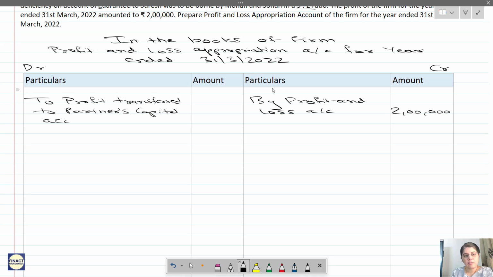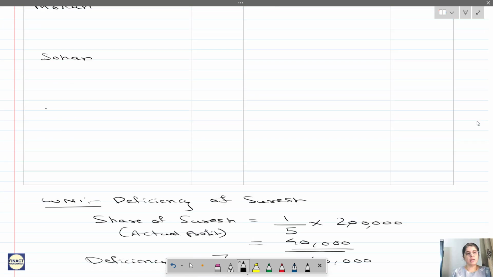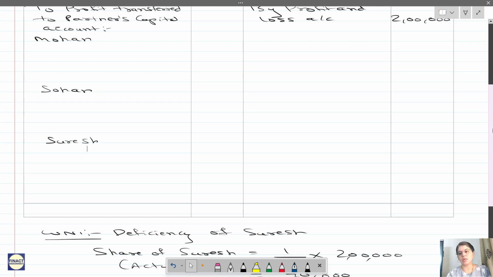If they are giving the fixed capital method, then always remember, it will be partners' current account. So what are the names? Mohan, then you have Sohan, leave some space, and Suresh. So total profit is how much? 2 lakhs. The total should be 2 lakhs over here.